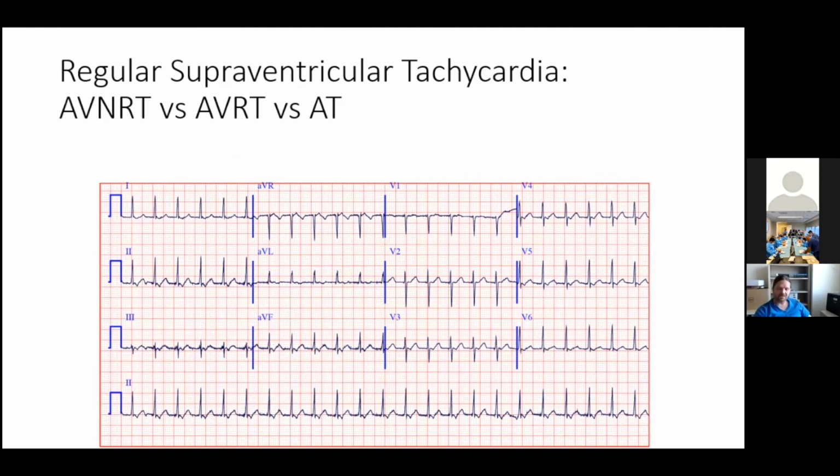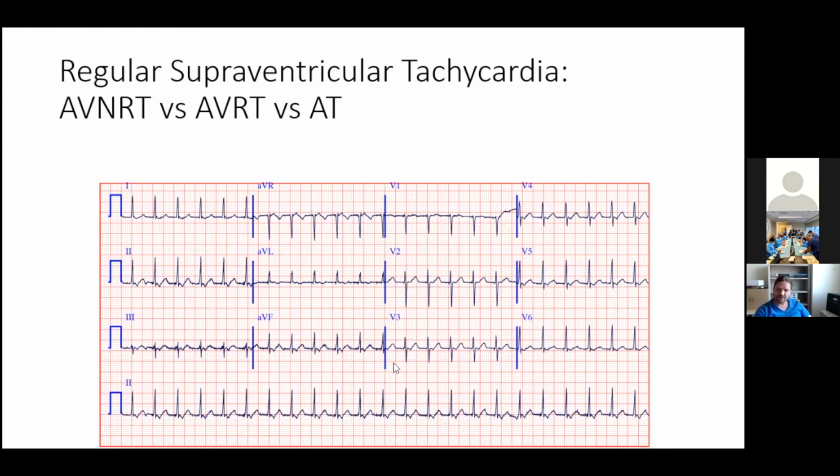When we record the 12-lead and rhythm strips, doing adenosine can be very, very helpful, because if you can see P waves keep going, then it's going to let you know that it's an AT. But apart from that, it's very, very difficult to determine what's what, other than giving you a percentage chance.